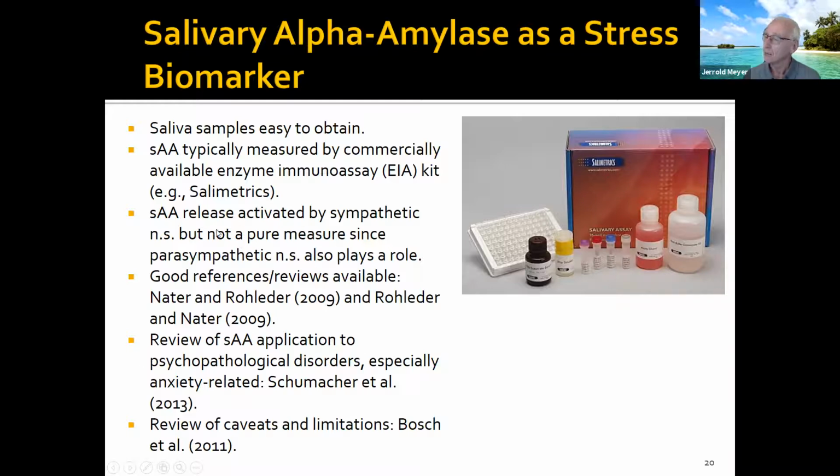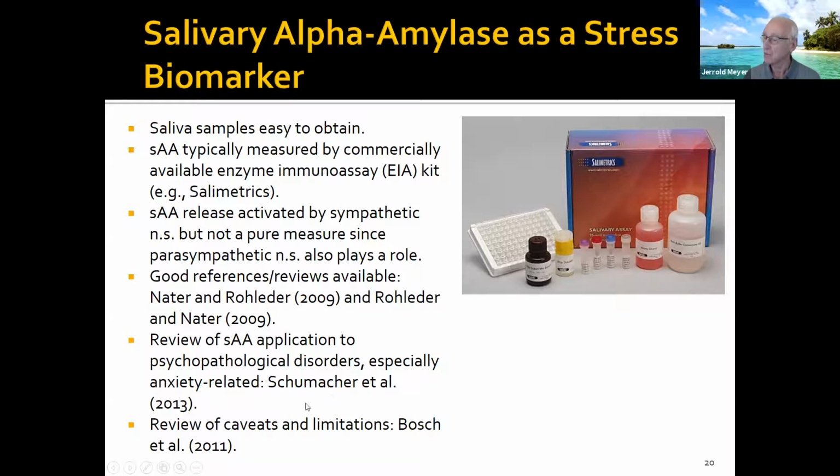Anyway, so we already saw that it's not a pure measure of sympathetic activity, because the parasympathetic nervous system is also important. In the bibliography that I provided for you, there are a couple of reviews. They're not super recent, but they're quite extensive from the time of publication about using alpha amylase as a biomarker.